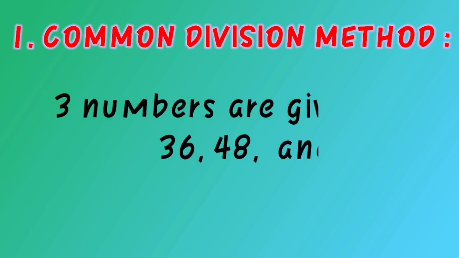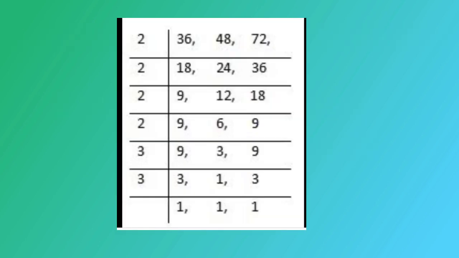Let's suppose three numbers are given: 36, 48 and 72. First we will write them in a row like this. Then we will go for the smallest prime number which divides at least any one of them. As 2 divides all 3 of them, we will write 2. Then it becomes 18, 24 and 36.